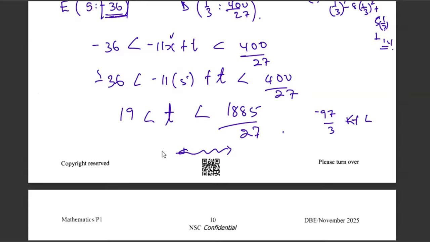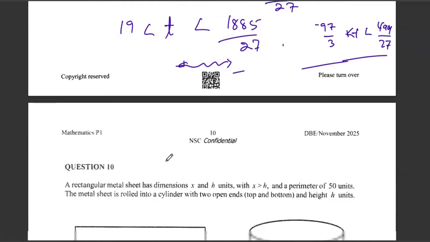No, we said negative 36 plus, plus 11/3. What's wrong with my maths today? Negative 36 plus 11/3 gives me that, and then 400/27 plus 11/3 gives me 499/27. All right, so that is how that question would have been approached.